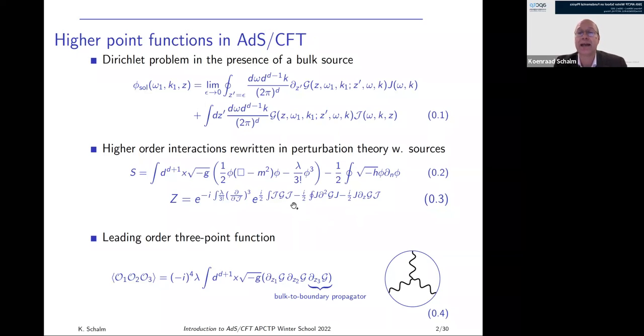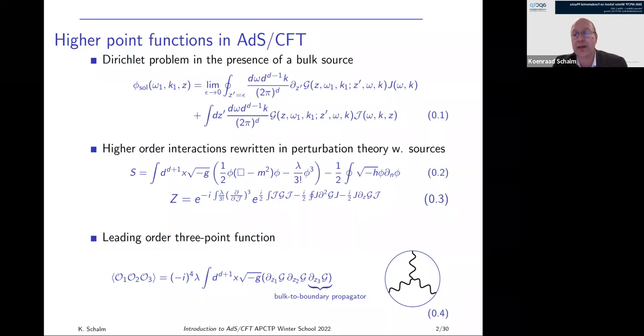At the lowest order, that corresponds to only pulling down 3 times this factor. And that is graphically described here. I have 3 of these boundary values J, and they meet in a bulk point in the center, and then I have to integrate over all possible locations of that bulk point. And this is how you compute a 3-point function.